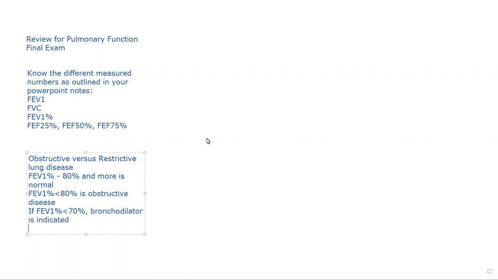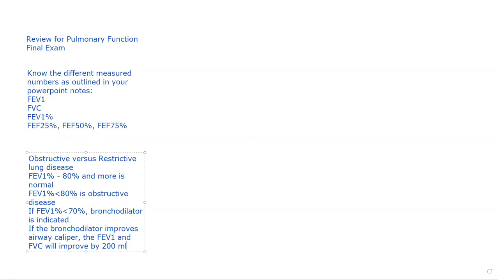And when the forced vital capacity is repeated, we're looking for improvement in the FEV1 and the FVC will improve by 200 ml.